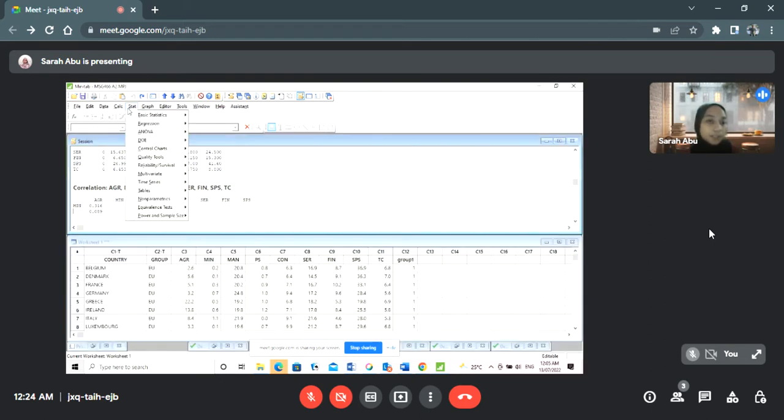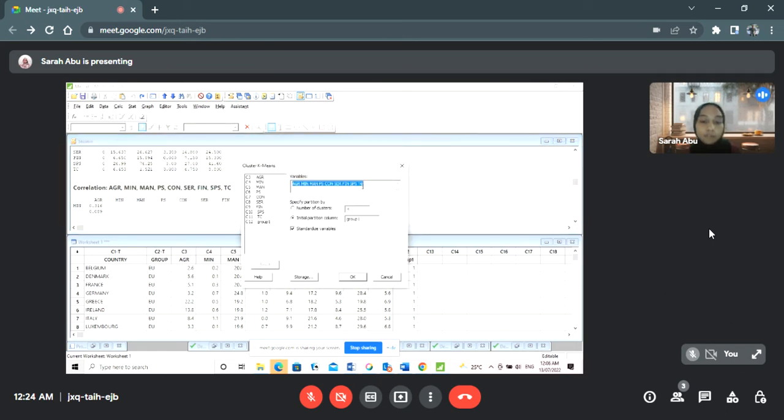And then to answer question B, we do cluster. We go to Multivariate, Cluster K-Means. For the variables, again, we choose all these 9 variables. And then for the initial partition column, we took Group 1.